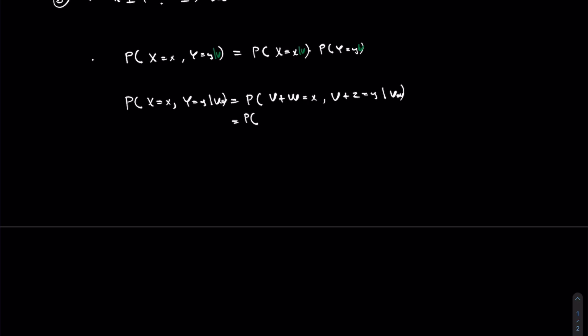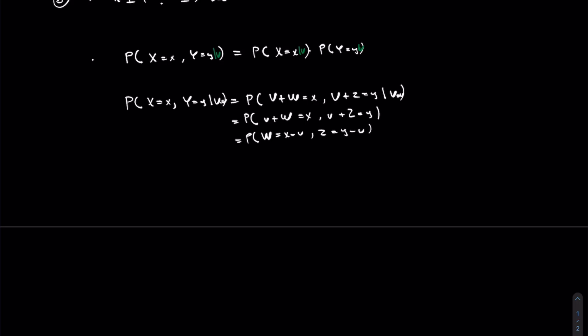So we have little v plus W equals x, little v plus Z equals y, and I'm going to remove the conditioning bar because we've already used that up. And then what we have, the random variable to the left of the equal sign, and then we have x minus v, and then we have Z equals y minus v.